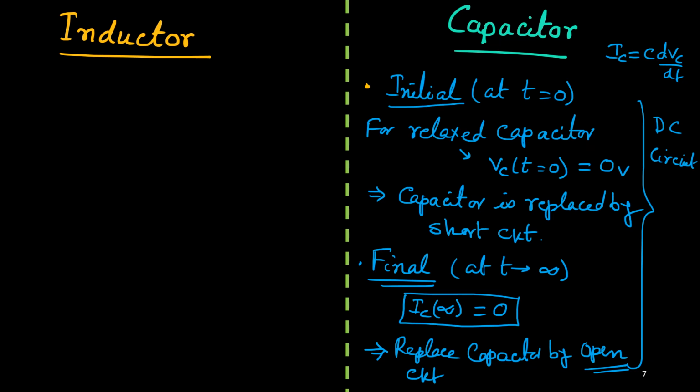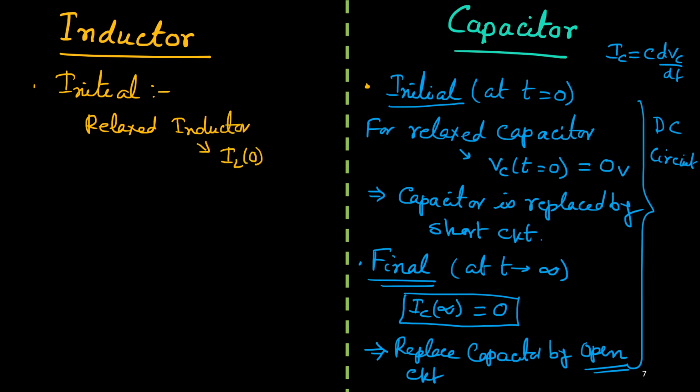In the same way, the inductor is just the opposite. Initially, for a relaxed inductor, there is no current, so IL at 0 is 0 ampere. If the current is 0, we can consider it an open circuit.